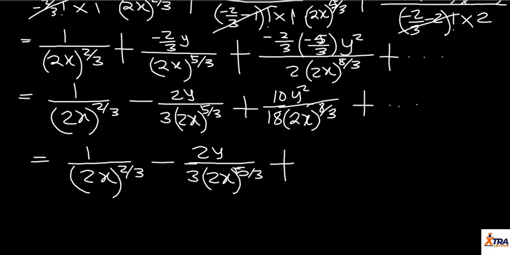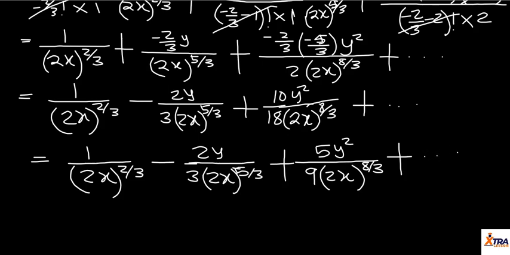I know 2 in 10 here will give me 5. I can write this as 5y squared over 9 into brackets 2x raised to the power 8 over 3. I can leave my final answer like this.